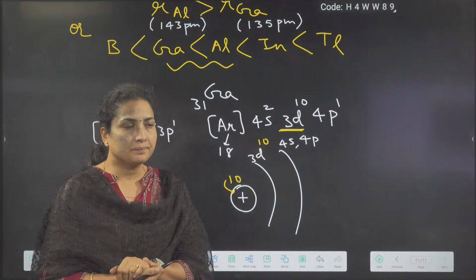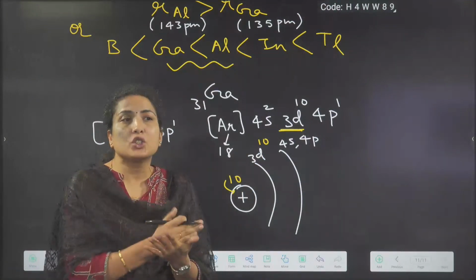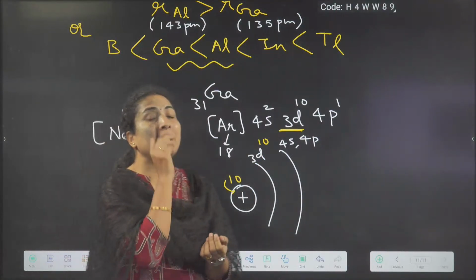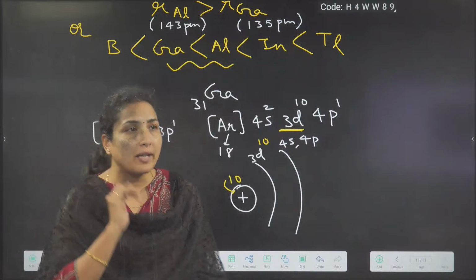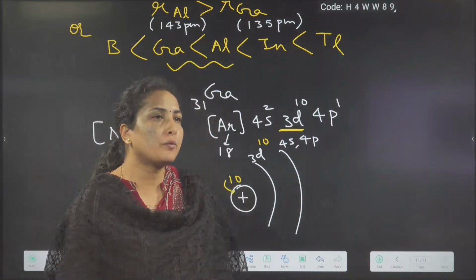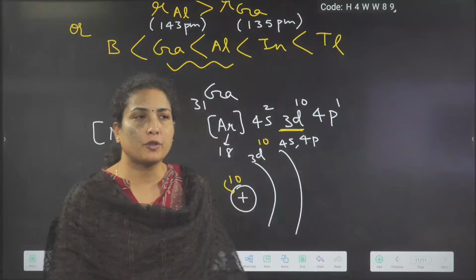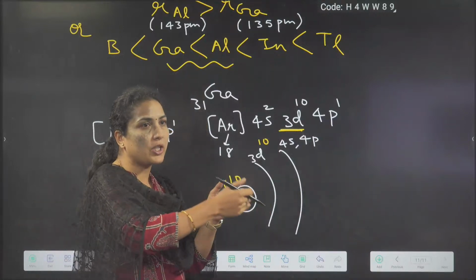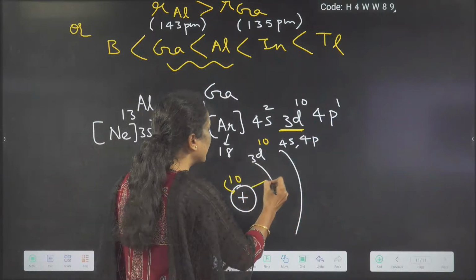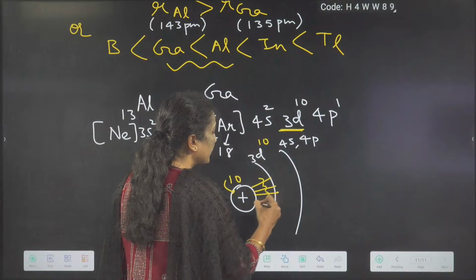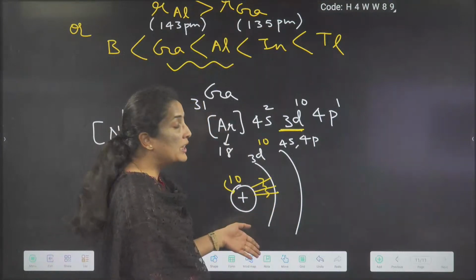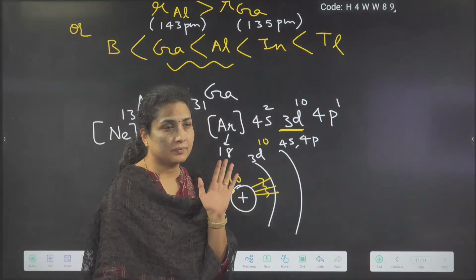Do we agree? Now, because of the additional 10 protons, there will be increased nuclear force of attraction, right? That increased nuclear force of attraction, after crossing the first shell and second shell, reaches the third shell. But whom does it meet in the third shell? 3d.